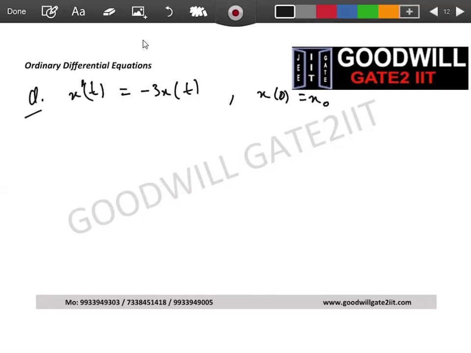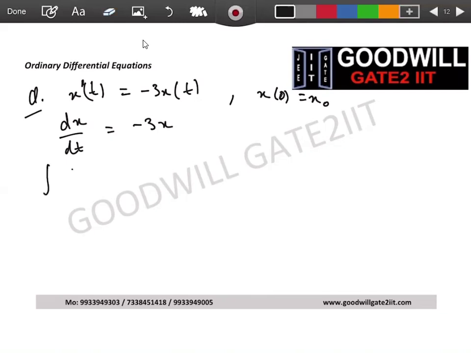Now, how do I write it in a better way? It will be dx by dt is equal to minus 3x. Fine. I can write it in this way. x dash means what? dx by dt. Now, as you can see, we can separate it into variable separable form.